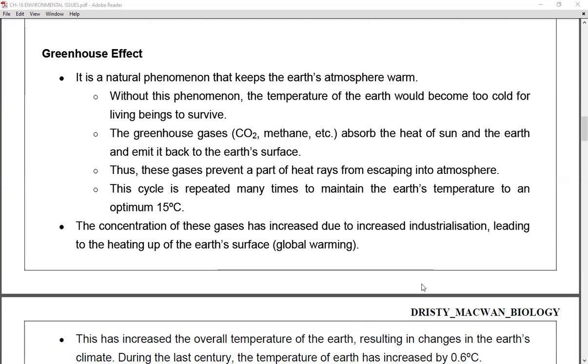You might already know about global warming, right? Nowadays, global warming is much in trend. So, why is it so?